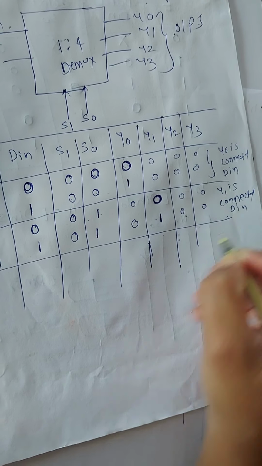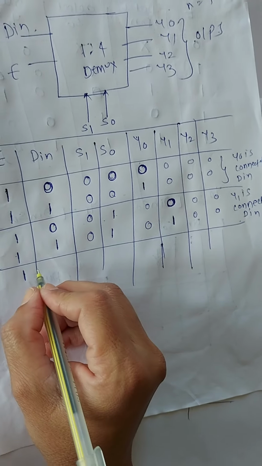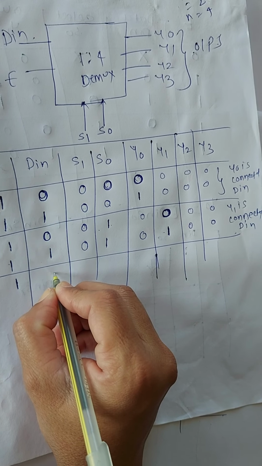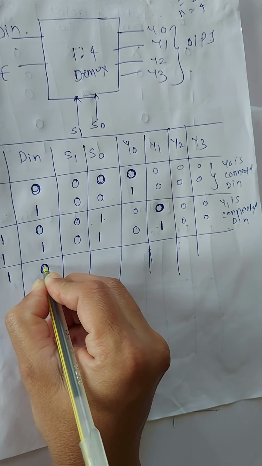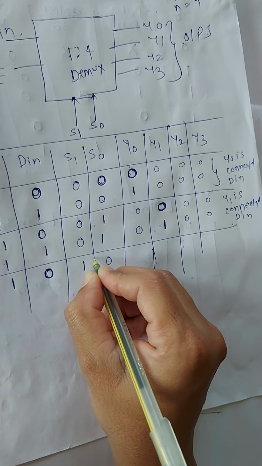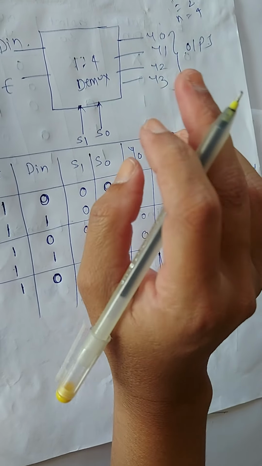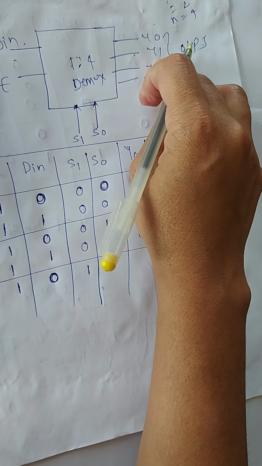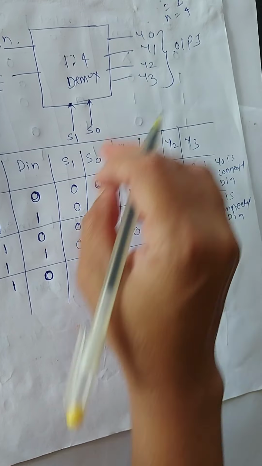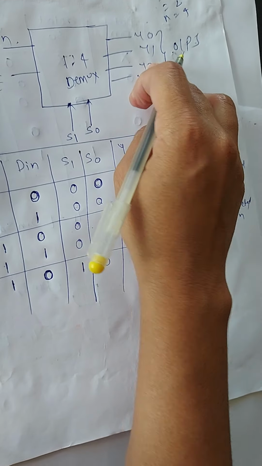When enable is 1, for D in data 0, but the select line data is 10, 10 means 2 in 2-bit, so Y2 output is selected. That D in data is routed to Y2.